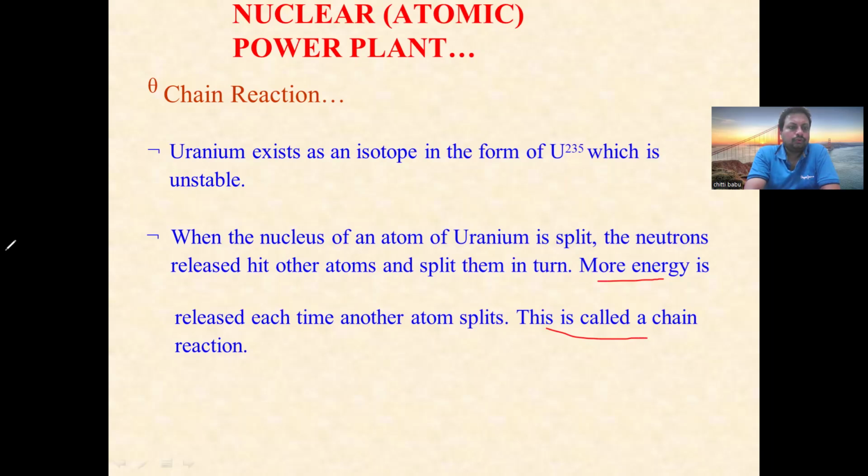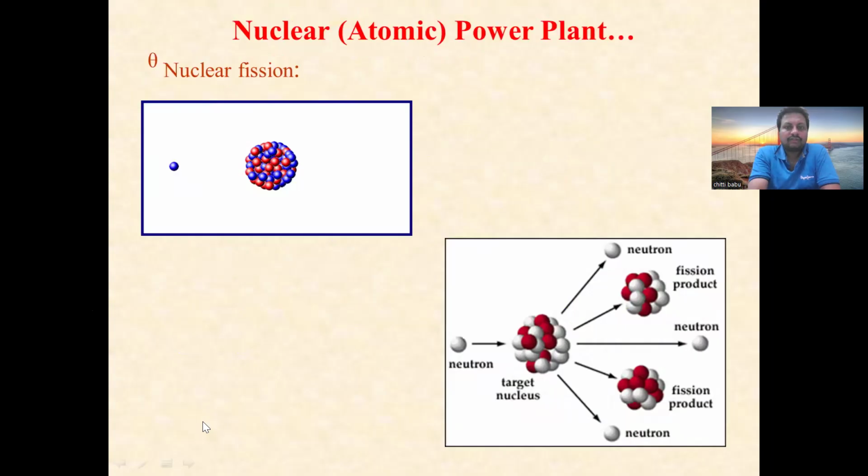So now we'll move to the main components of the nuclear power plant. So this is about the nucleus. These neutrons will be hitting the nucleus of the uranium. Then again some neutrons, additional neutrons will be released.